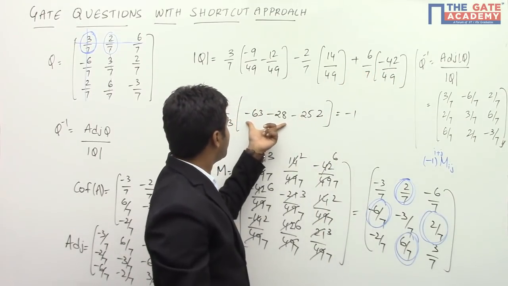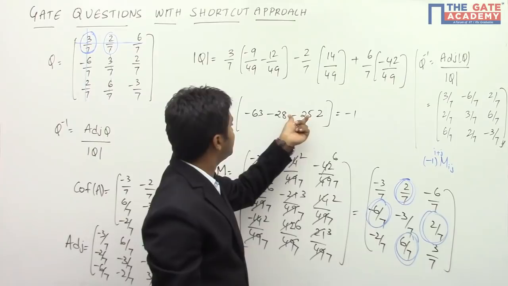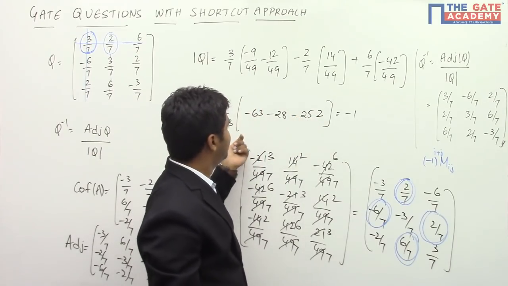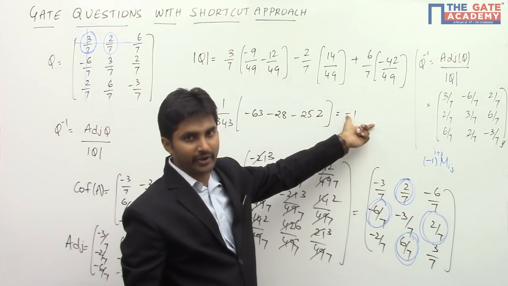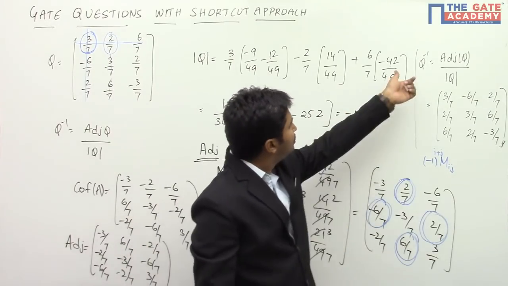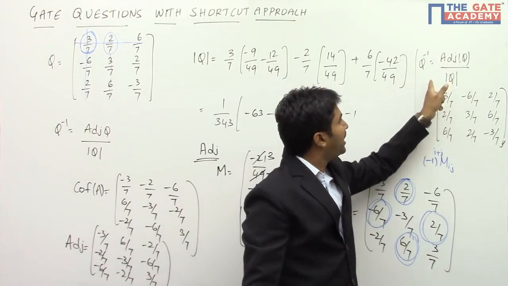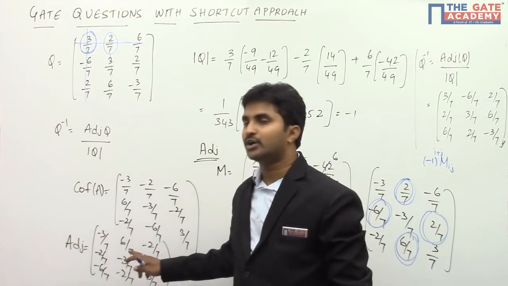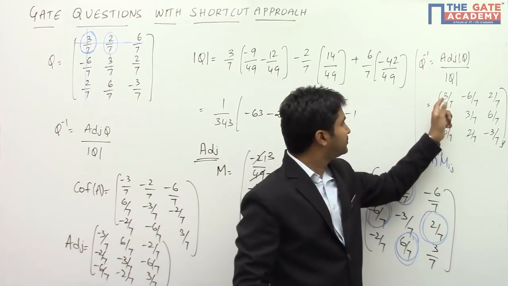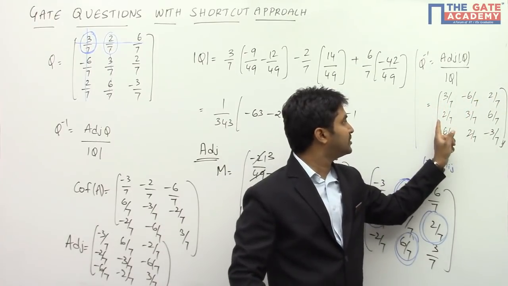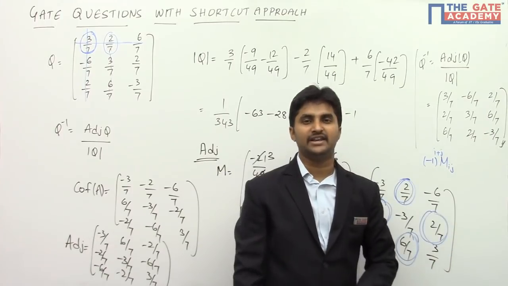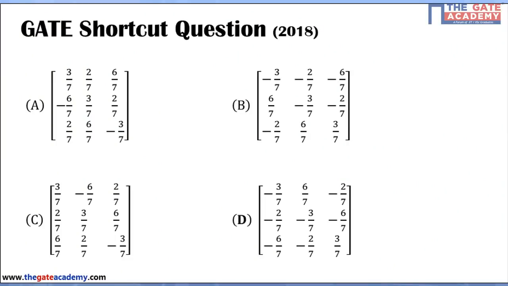Taking 343 as the common denominator, the total is minus 63 minus 28 minus 252 over 343, which is minus 1. So Q inverse is minus 1 times the adjoint matrix. Multiplying the adjoint by the minus sign, you get 3 by 7, minus 6 by 7, 2 by 7, 2 by 7, 3 by 7, 6 by 7, 6 by 7, 2 by 7, minus 3 by 7, which matches option C.